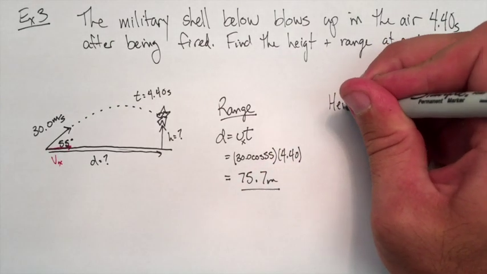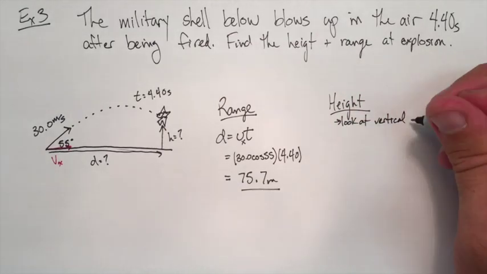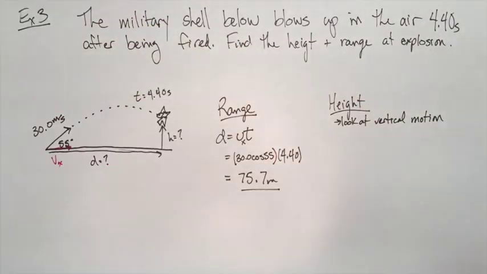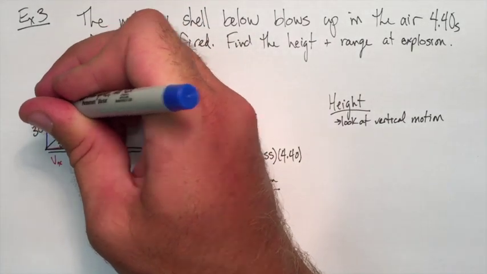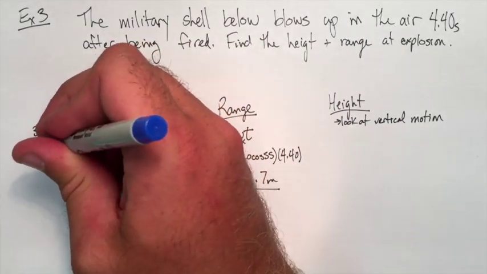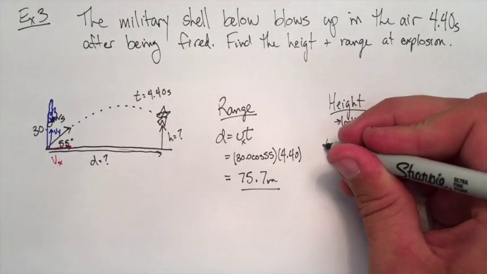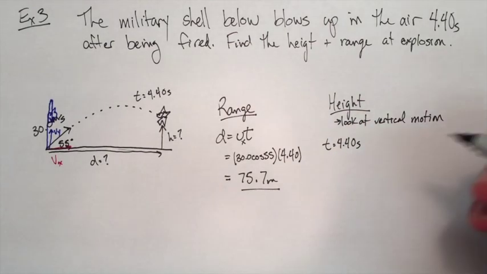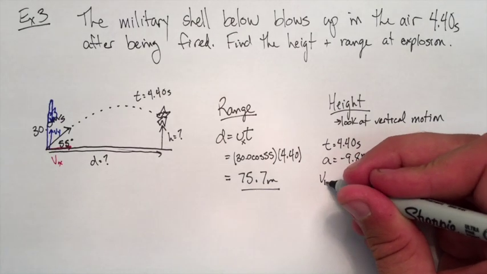Now let's look at the height. Again, all we need to do is look at the vertical motion. Pretend we throw a ball up in the air. We're going to find what height that ball is going to be at 4.4 seconds. So here, we can list what we know. The time is 4.4 seconds. The acceleration is negative 9.8 meters per second squared.